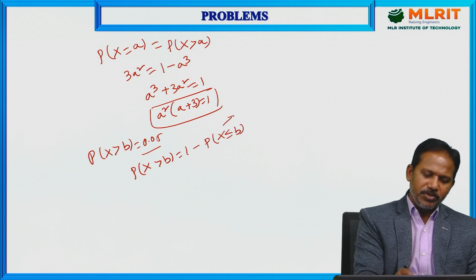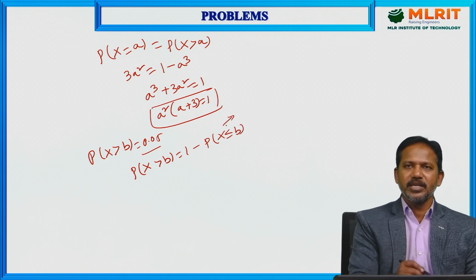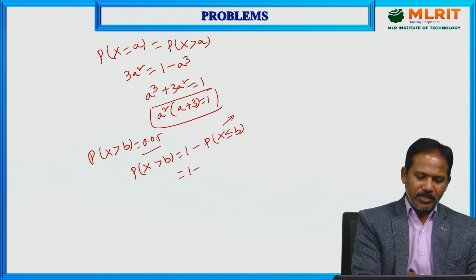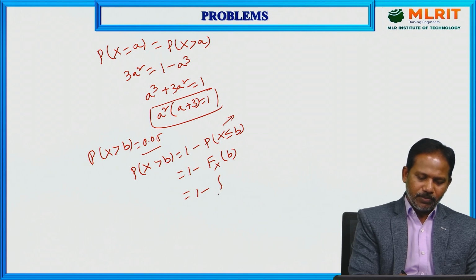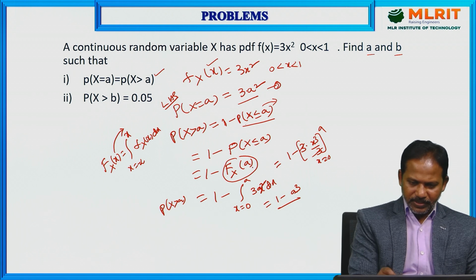This is a distribution function, and I want to convert it in terms of the density function, that is 1 minus capital Fx of b. We can write 1 minus the integral from x equal to 0 to b of the density function 3x square.